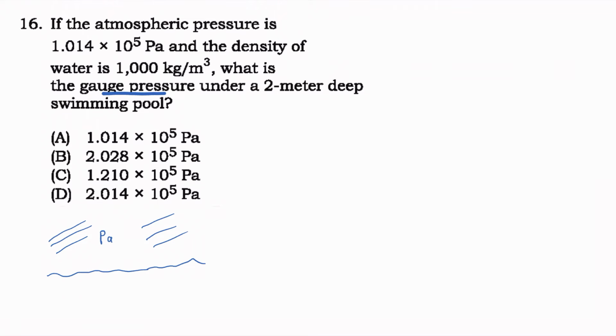So ito yung P atm or atmospheric pressure. And then, pinapahanap yung pressure below 2 meter from the surface of the water. So ito yung pressure due to the water. So yung gauge pressure is equal to atmospheric pressure plus yung pressure due to the water.